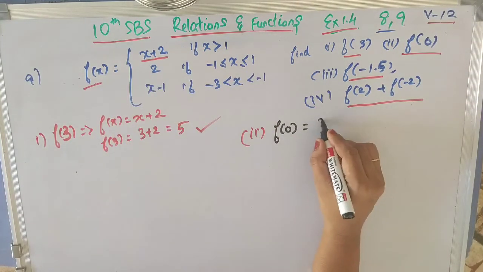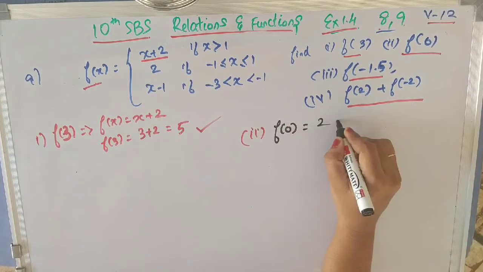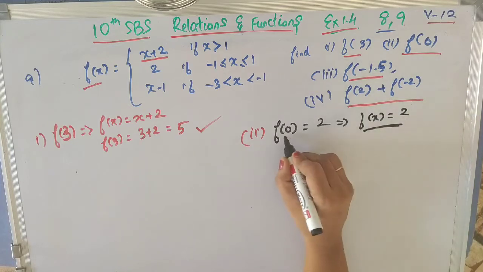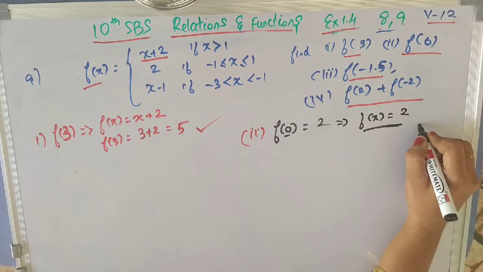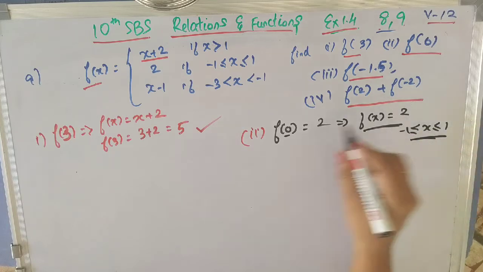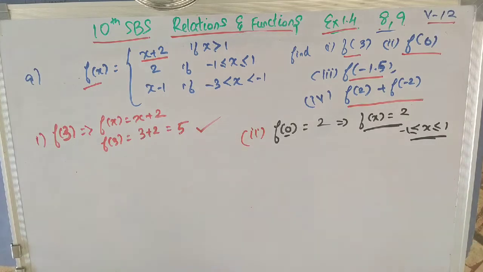That is the second condition. That's it. There is no calculation. When x is equal to 0, f of x is 2. Clear? Because x is 0, which is greater than or equal to -1 and less than or equal to 1. Okay. Now let's go to the third question.